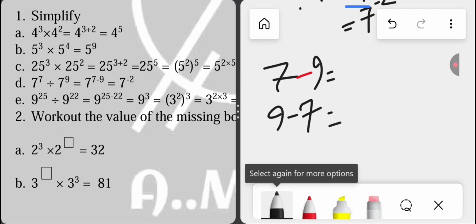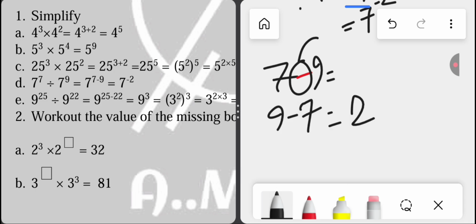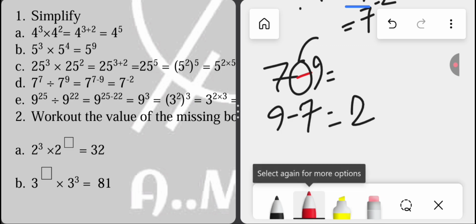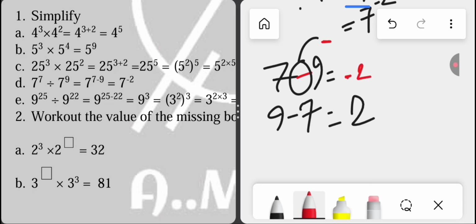So when we are going to subtract 7 from 9, which gives us positive 2, but here see, the value 9 is greater than 7, right? And the sign before 9 is minus. So we are gonna put a minus sign here. That's why minus 2 came.